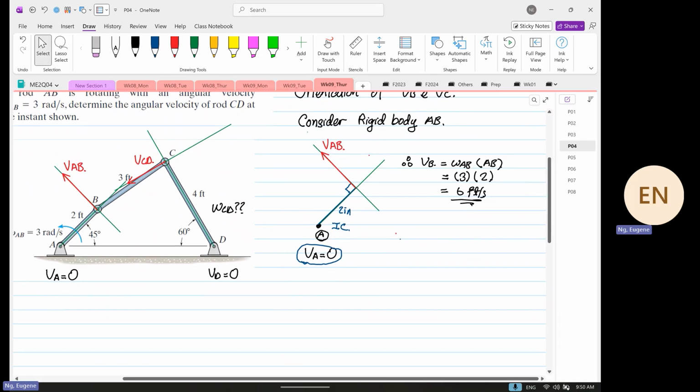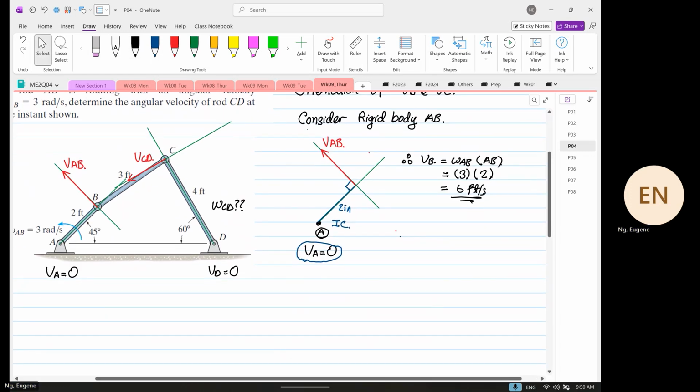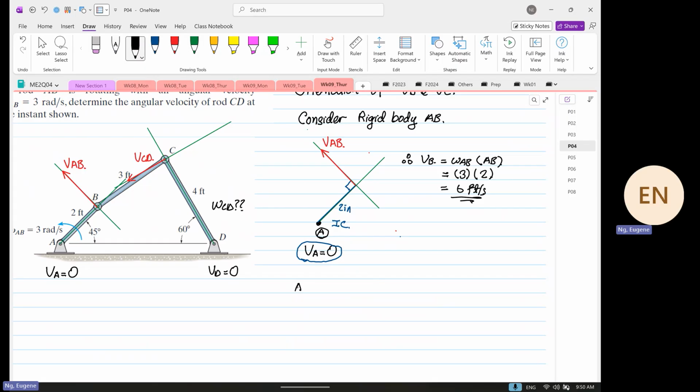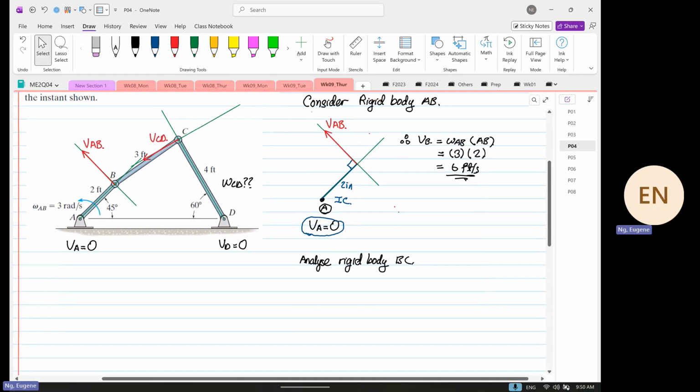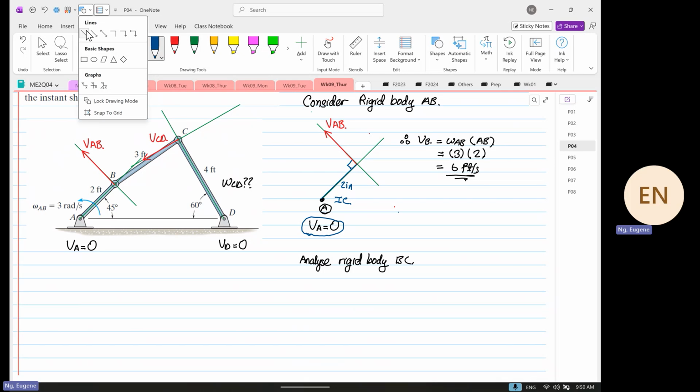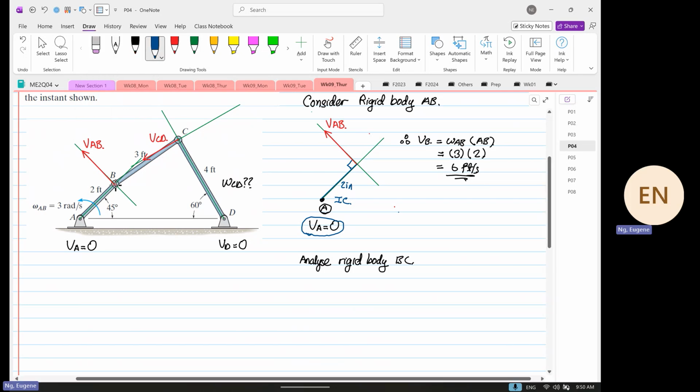Now, the next thing that we're going to do is we have to link or analyze rigid body BC. So I'm going to now sketch a distance from here to here.